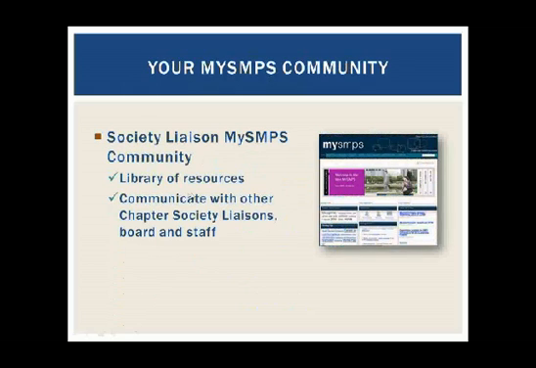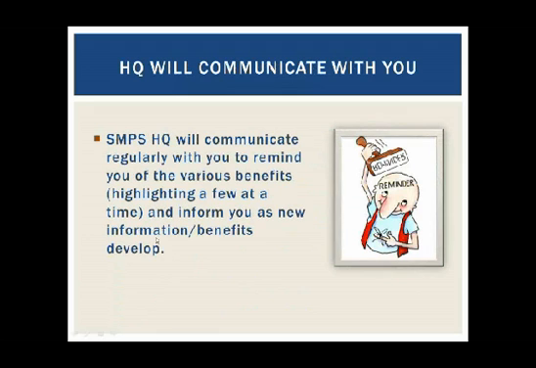Okay, so we have created a MySMPS community for the Society Liaisons. Again, if you're not familiar with MySMPS, it is a community where within MySMPS are individual communities and groups. I'm going to show you really quickly. Let me go back.